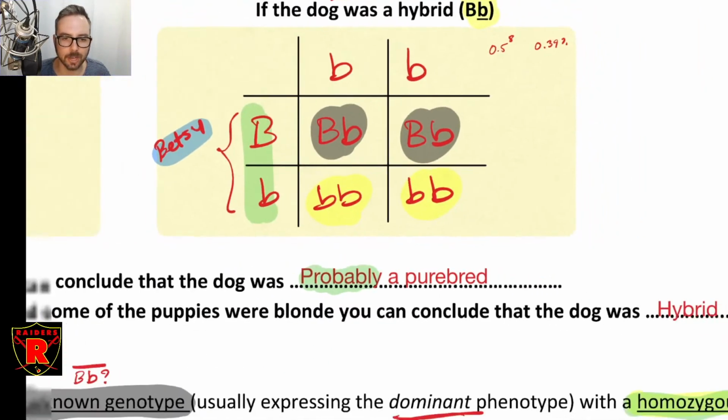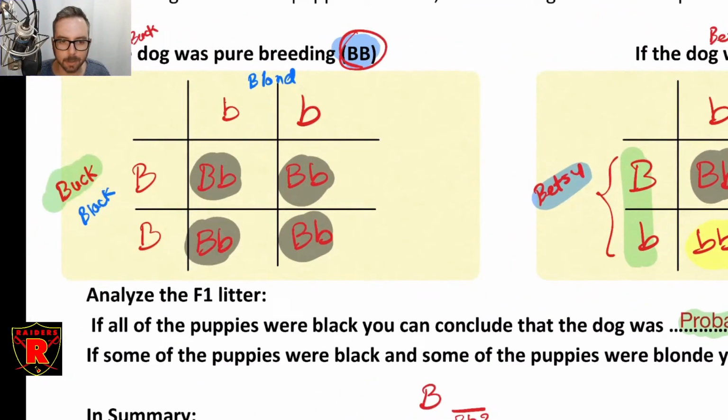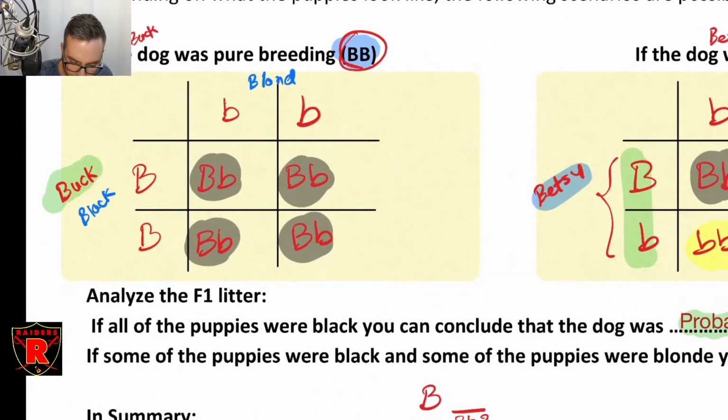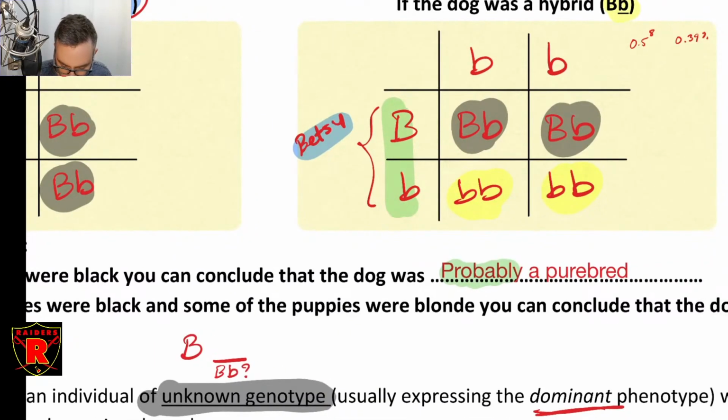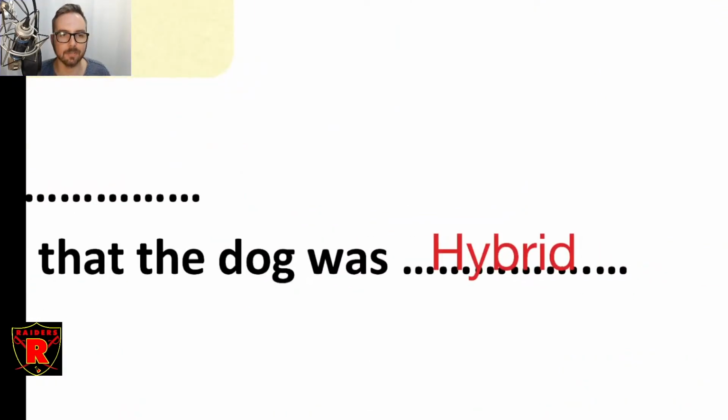Now, on the other side, if you get any blonde at all, it could just be one. If some of the puppies are black and some were blonde, the some were blonde is the most important part here. If some of the puppies were blonde, then you definitely have a hybrid.